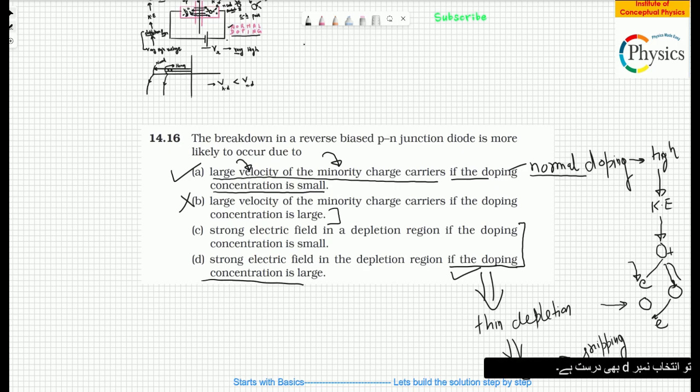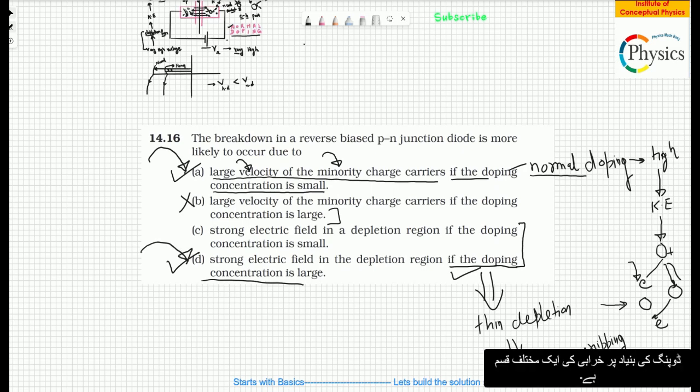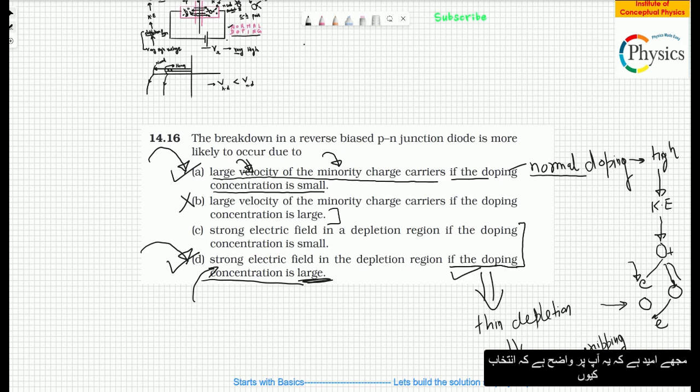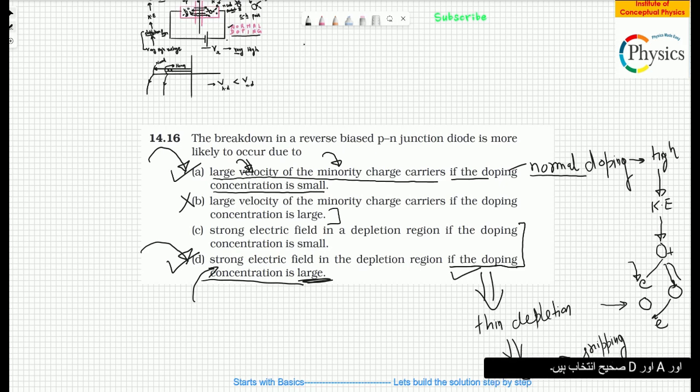So choice number D is also right. So A is one type of breakdown and D is a different type of breakdown based on the doping, and one is based on large velocity, the other is based on strong electric field. We have studied both of them. I hope it is clear to you why choices A and D are the correct choices.